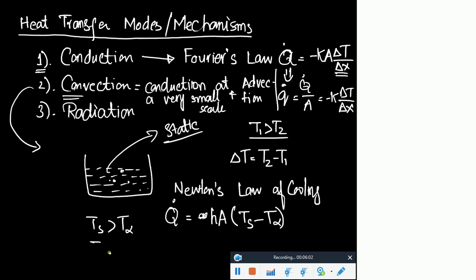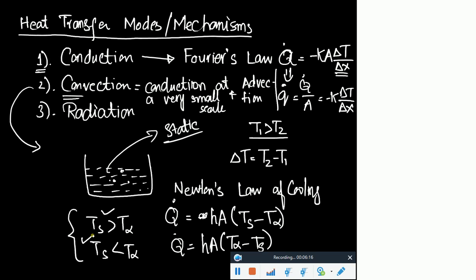If Ts is less than T infinity, then Q dot would be equal to hA (T infinity minus Ts). So you can use these two forms depending on this inequality. That is known as Newton's law of cooling, and in this case h is known as the convection coefficient.